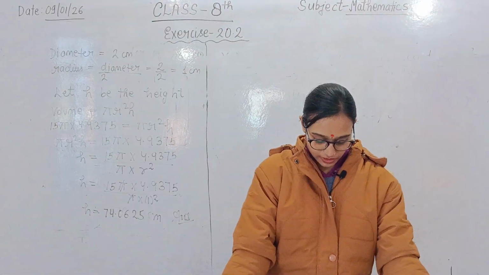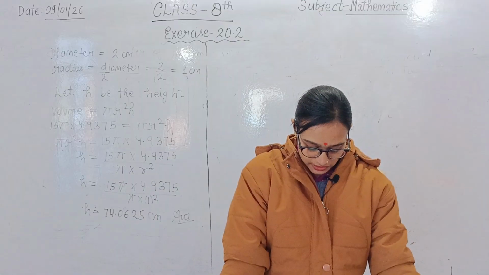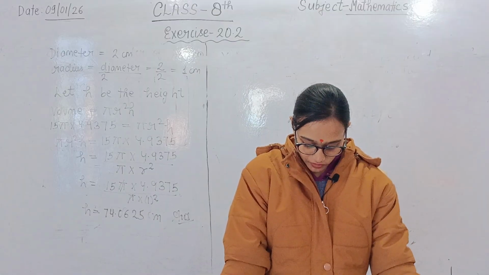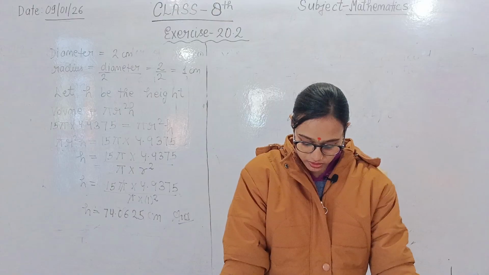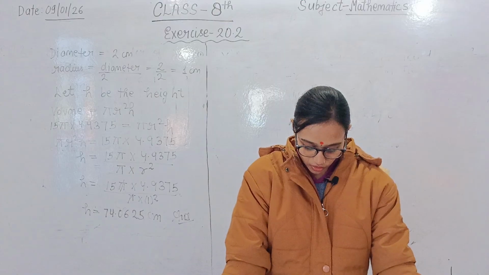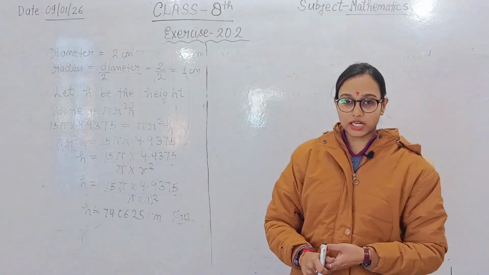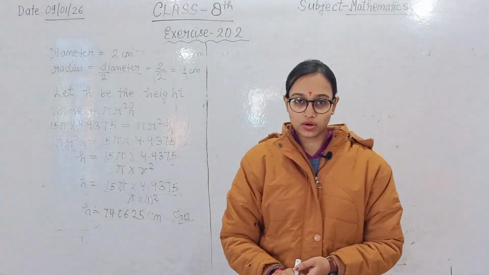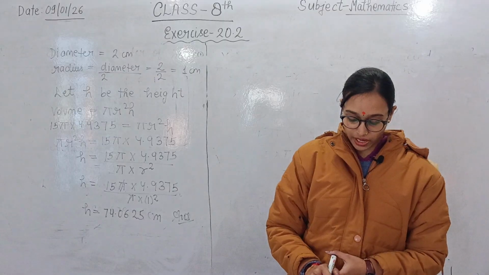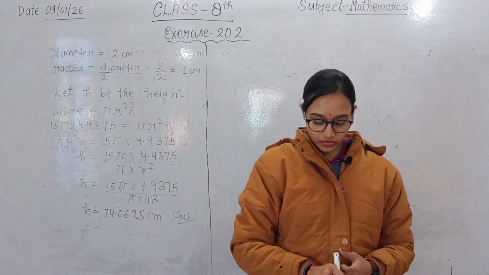Now question number 13. The radii of two cylinders are in the ratio of 3:5 and their heights are in the ratio of 2:3. Find the ratio of their curved surface area. In this question, radii of two cylinders are given in ratio and their heights are also given in ratio. We have to calculate curved surface area in ratio.